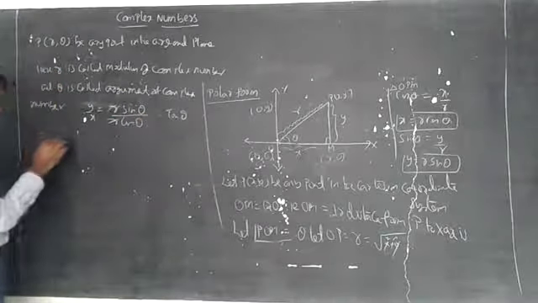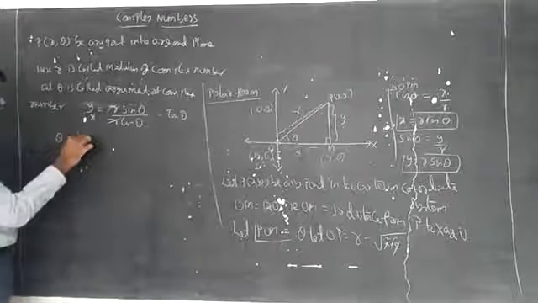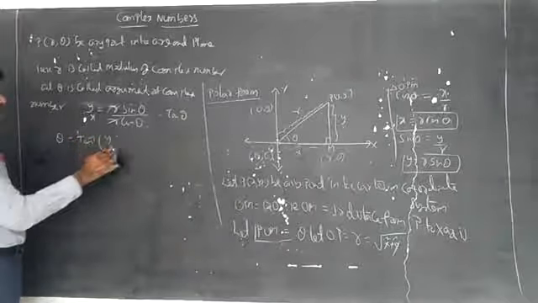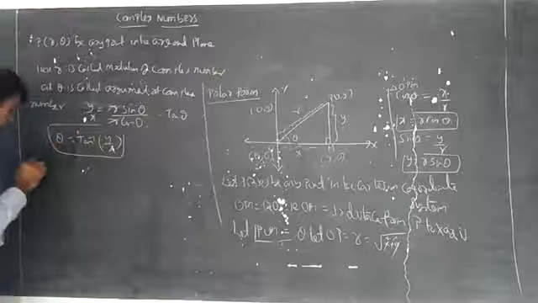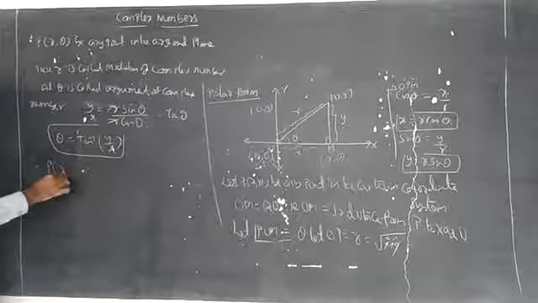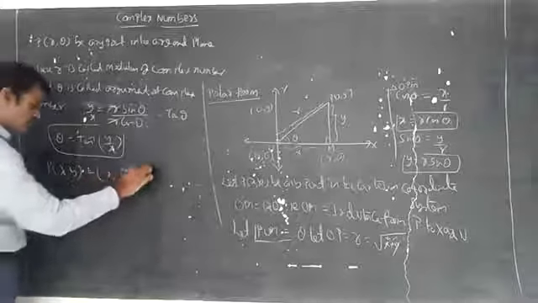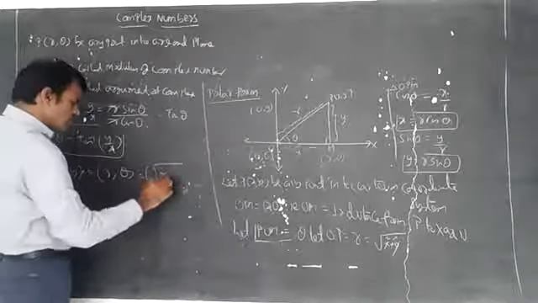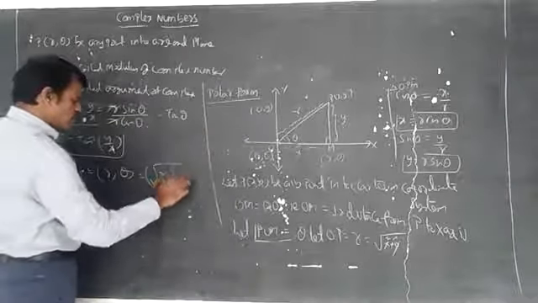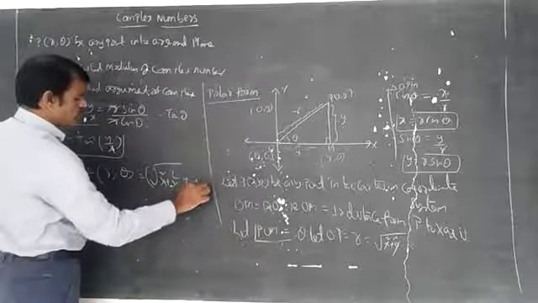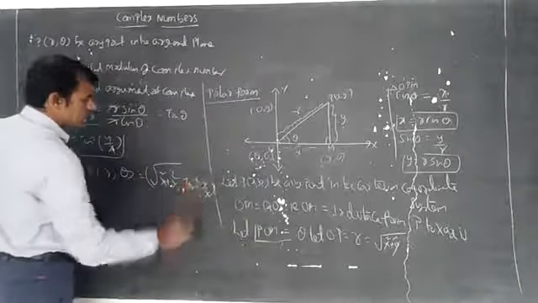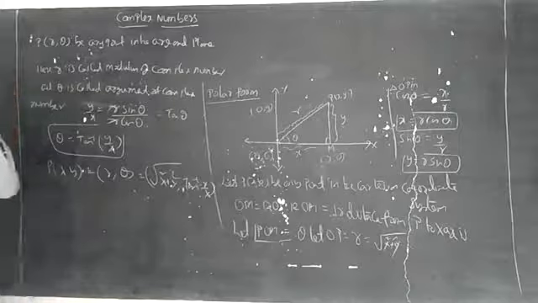Therefore theta is equal to tan inverse y by x. Therefore you can mention here P(x, y) is nothing but (R, theta), which is root of x square plus y square comma tan inverse y by x.